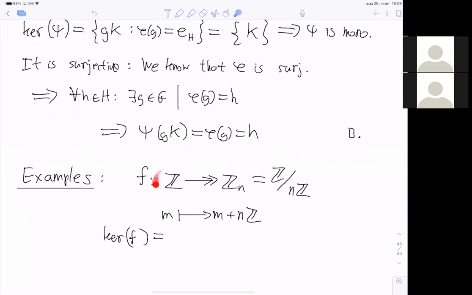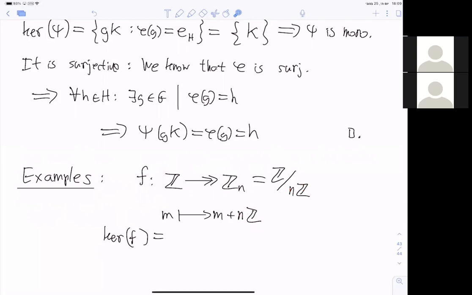This is much bigger than this. This is only n elements. This is infinitely many. So the kernel cannot be one element. Remember that the trivial element here is nZ, the trivial shift of nZ.